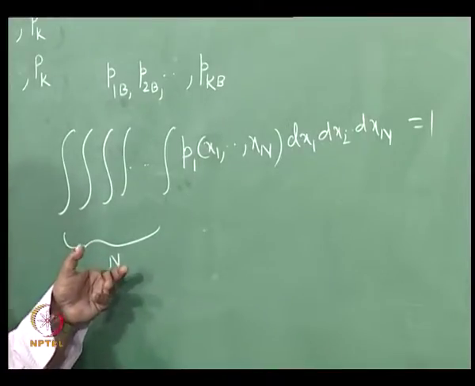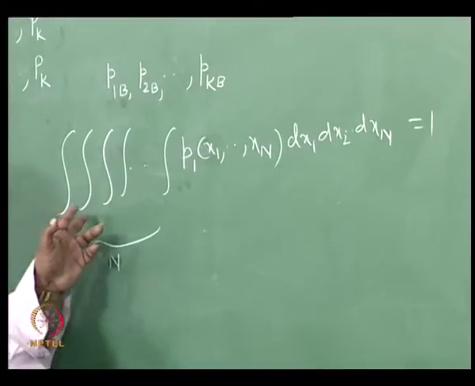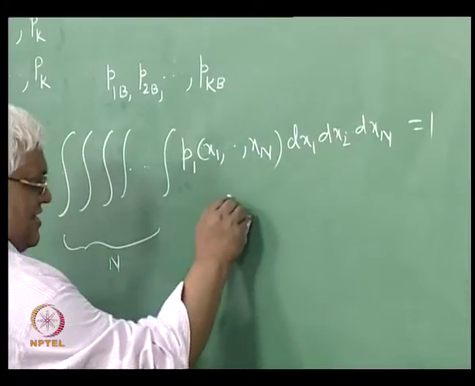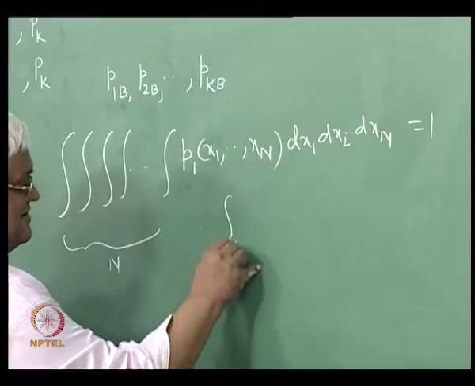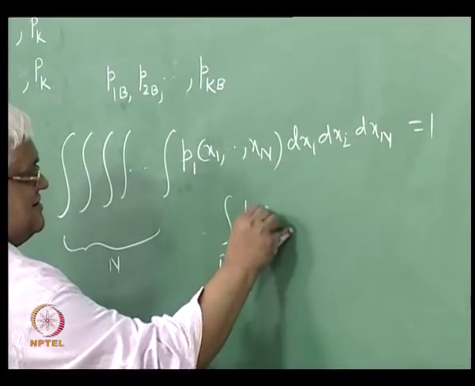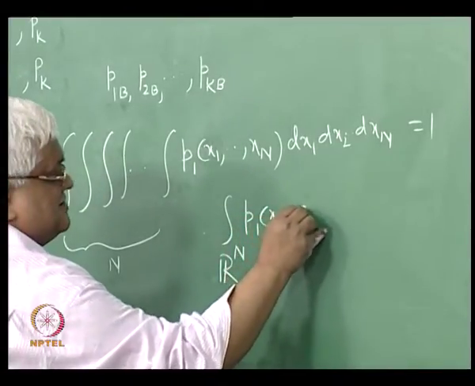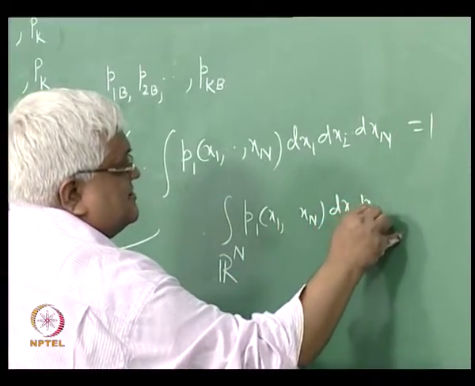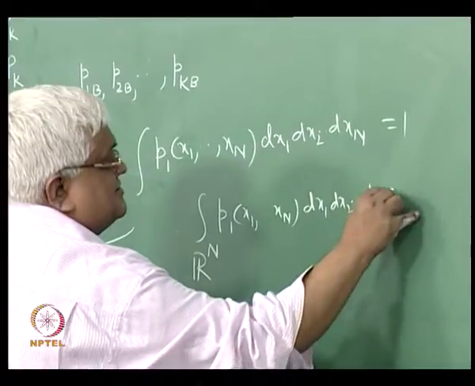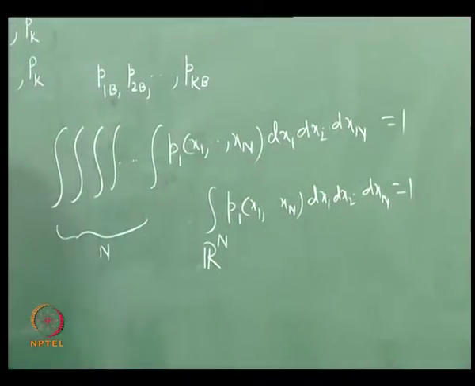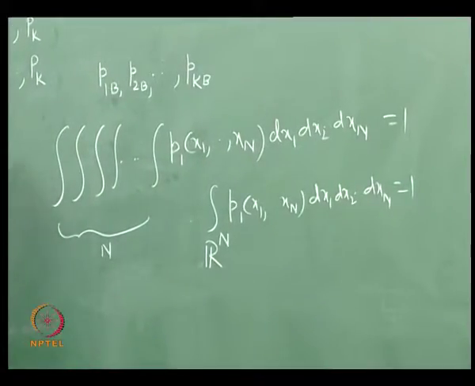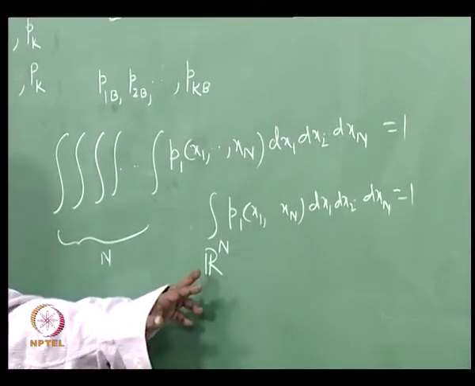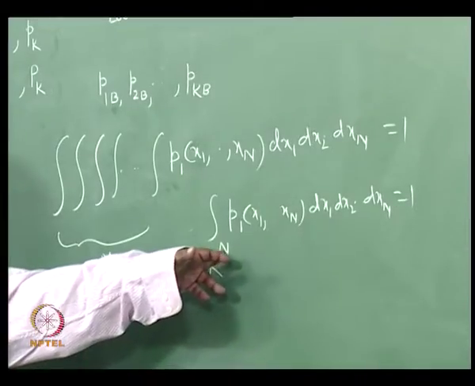Maybe each of them is R. This is equal to 1, integration over R to the power n.